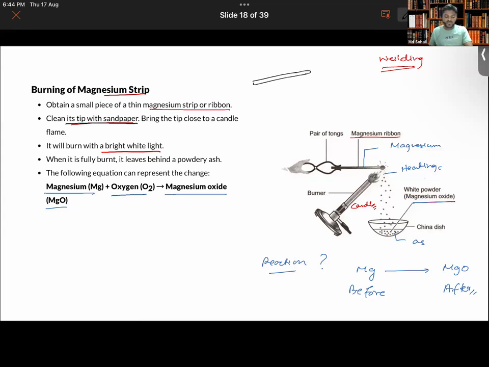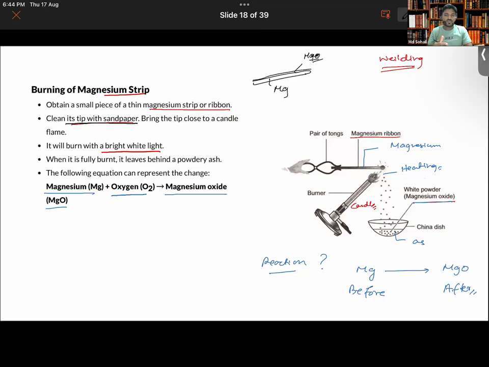Now there must have been a coat of magnesium oxide developed above it. Just like how iron rusts, just like how copper also rusts, in the same manner, this magnesium ribbon will also start to form a layer of magnesium oxide above it.